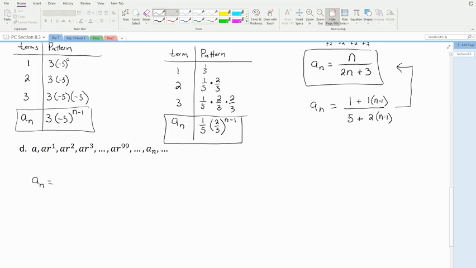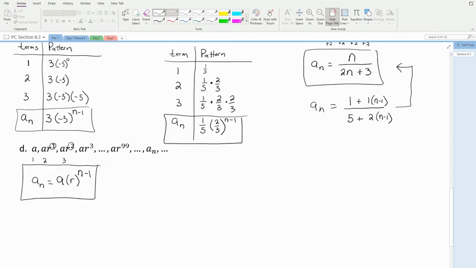Notice the a is present in every one of these. And then we're multiplying it by r. This is r to the 0 power, r to the first power. This is term 1, term 2, term 3. So we're always going to be 1 less than the term. And so we get a sub n equals a times r to the n minus 1.